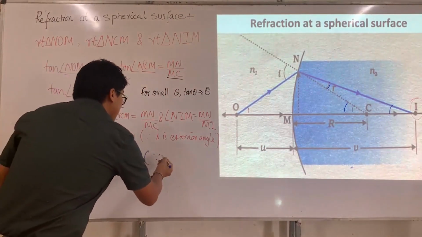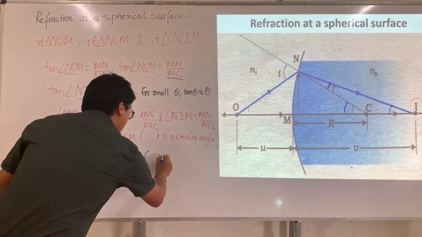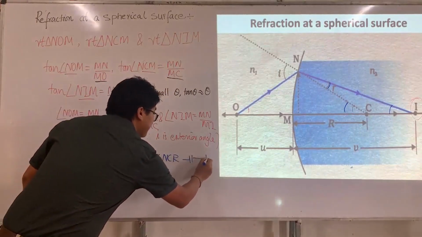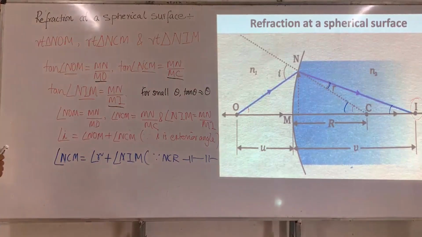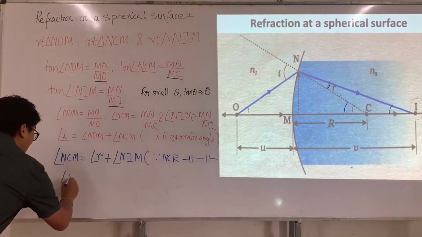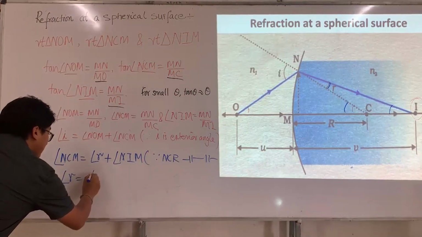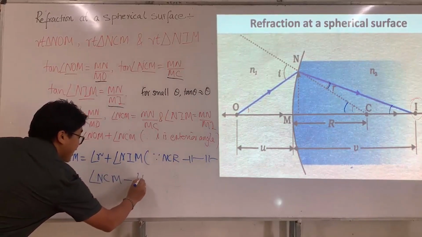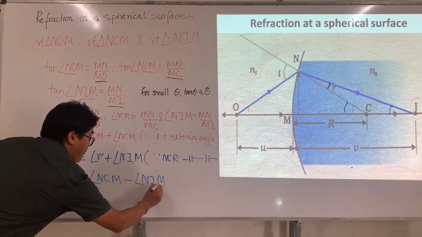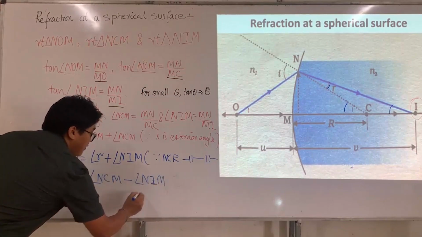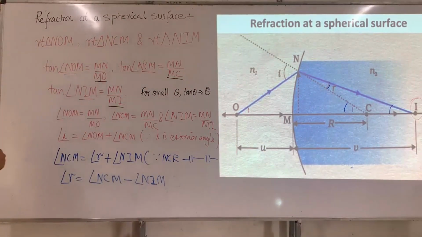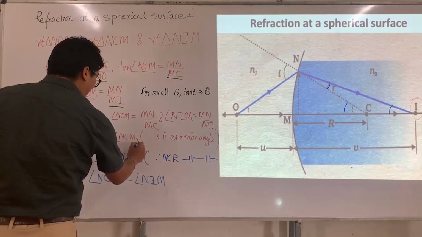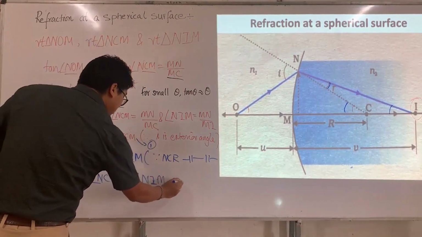Because angle NCM is exterior angle. Alright. Now having this, angle R is equal to how much? Angle NCM minus NIM. So this is, let's say, equation number 1 and this is equation number 2.